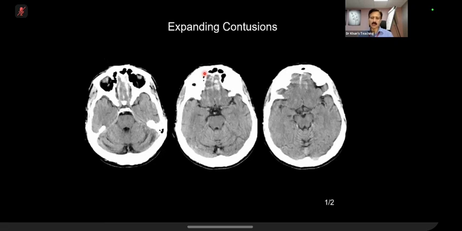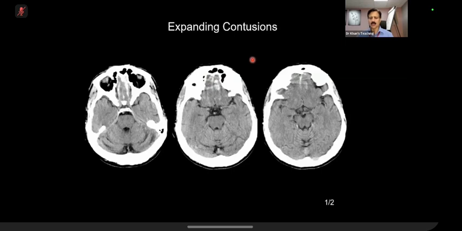Now, please remember the concept in the trauma world. All of the lesions, may it be contusion, diffuse axonal injury, extradural, subdural, can enlarge. It can become bigger. So as a radiologist, the key thing to remember is that if you are on call and somebody has asked for a scan at 2 o'clock and you report this scan, you say that there is contusion.